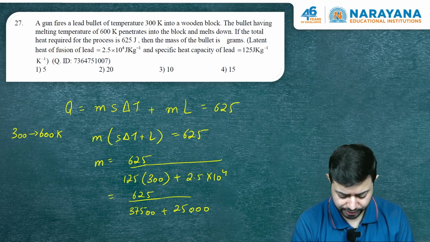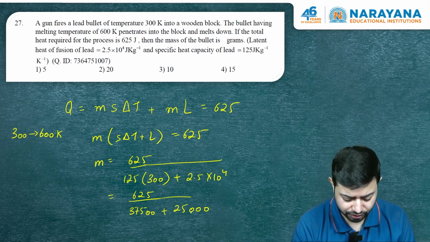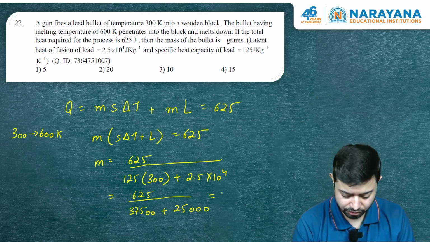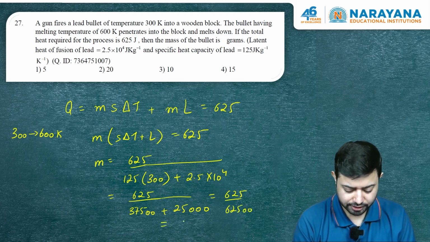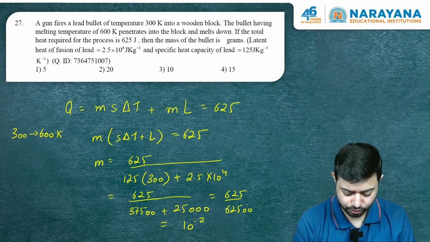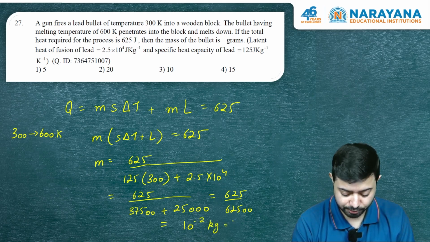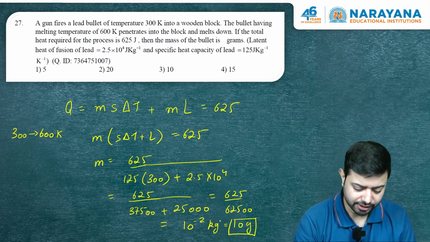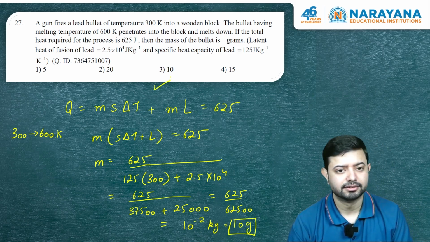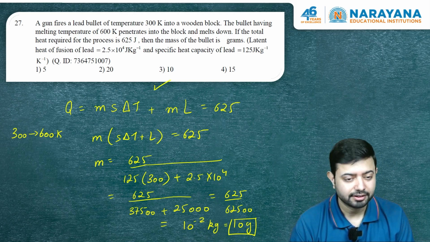It is going to be 625 again. So, this is like 625 by 62500. How much is this number? 10 to the power minus 2 kg, and therefore, in grams, multiplied by 1000, it will be 10 gram. Okay. So, what is my correct option? It is going to be the third again here, that is 10, alright.